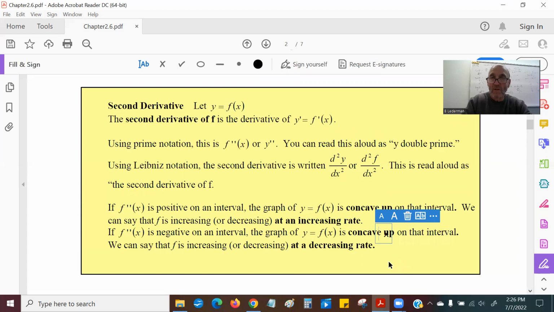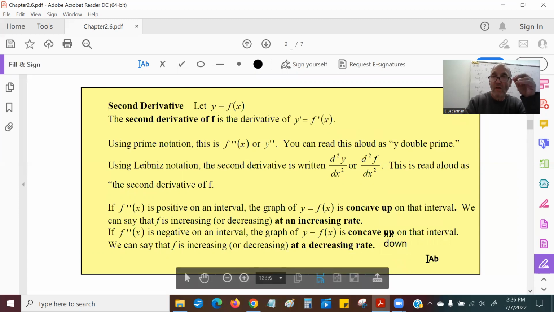So positive is concave up, negative is concave down, second derivative. And this is the rule per se.